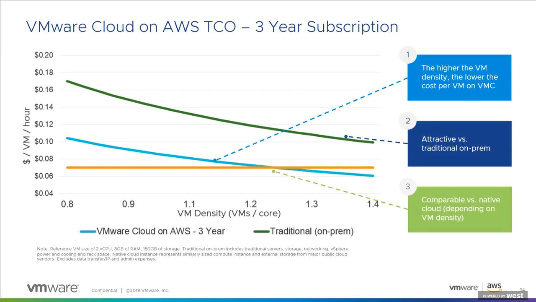So in general, VMware Cloud on AWS is very attractive versus your traditional on-premise environment from a TCO perspective. Second, the orange line shows the cost of a comparable public native instance. Customers typically purchase allocated resources of compute and storage, and generally you can't overcommit these resources. And this tends to be why the orange line is a bit flat.